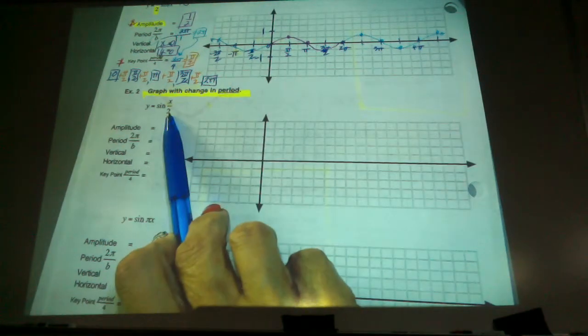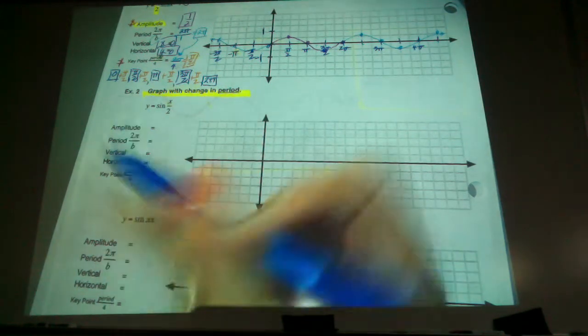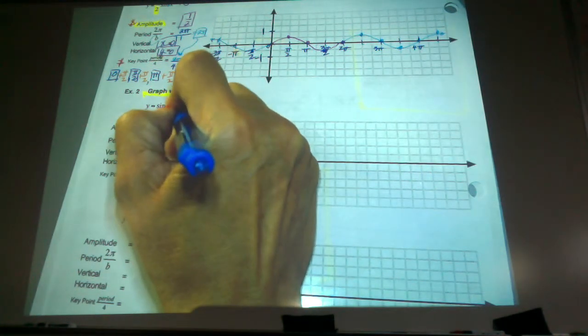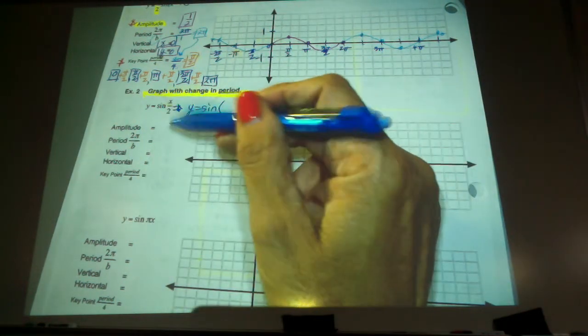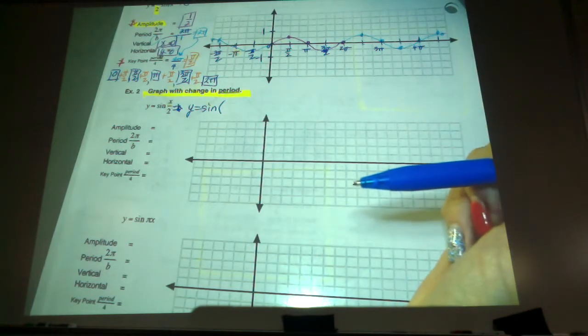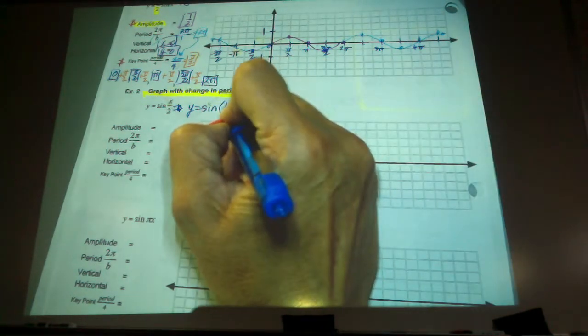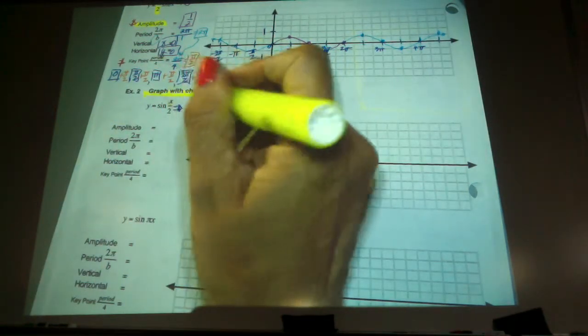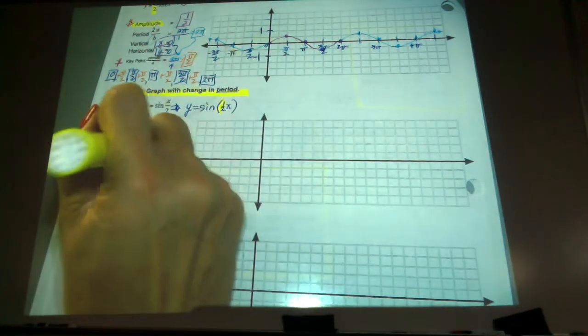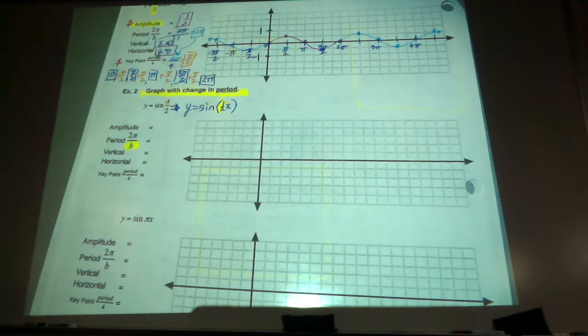Because x is being divided by 2, I would rewrite this as y equals the sine of, take x out of the fraction, what fraction do you have? 1/2, right? So isn't the coefficient of x 1/2? And isn't that b? And b affects the period.